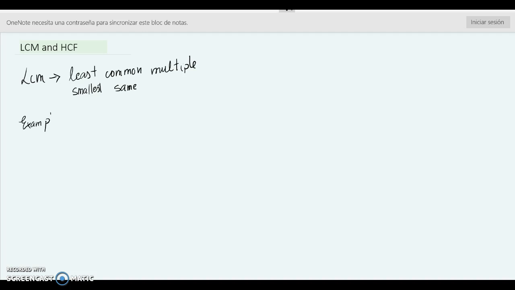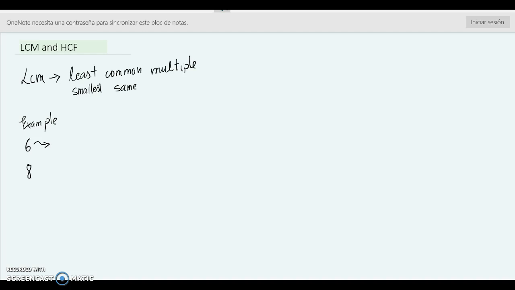We are going to find the LCM of 6 and 8. So I can write all the multiples of 6 and 8 and then find the smallest common multiple.